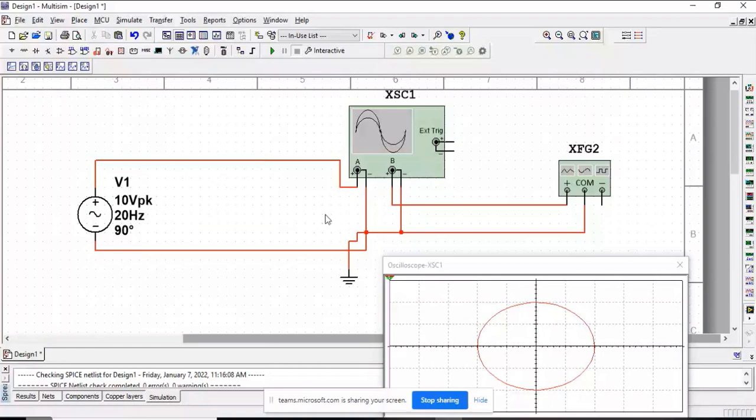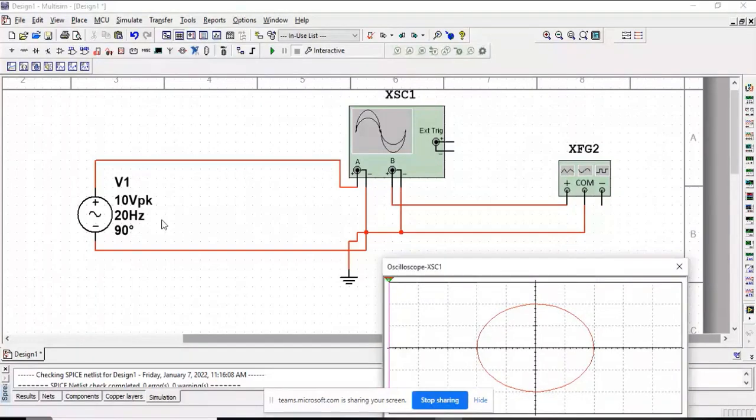Actually, in function generator, there is no facility to provide the phase angle. That's why we have used AC signal source. In AC signal source, you can change the phase degree also. Okay. That's why we have used AC source to show you the circle.